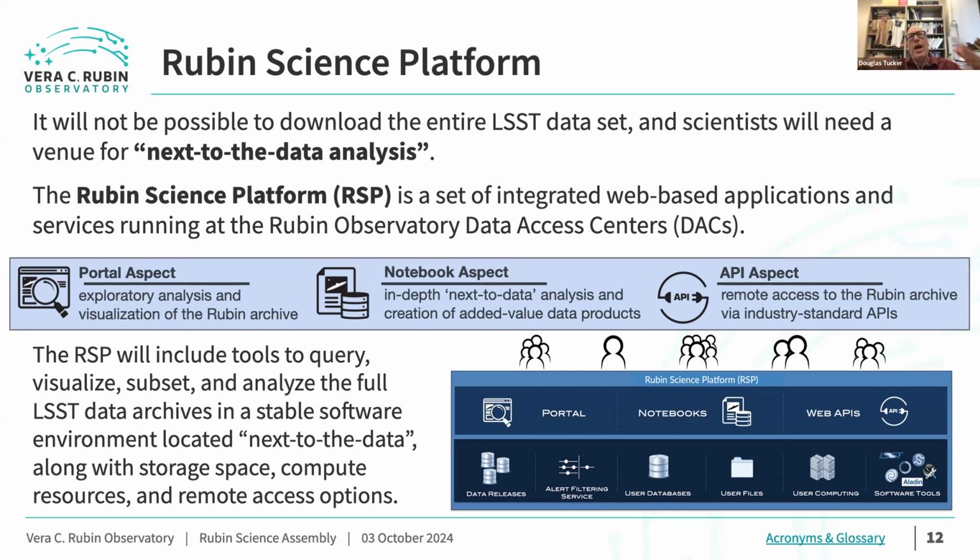Here you can use remote access to the archive and grab data on your laptop or other compliant systems through industry standard APIs, for instance through TAP, for those who use TAP.